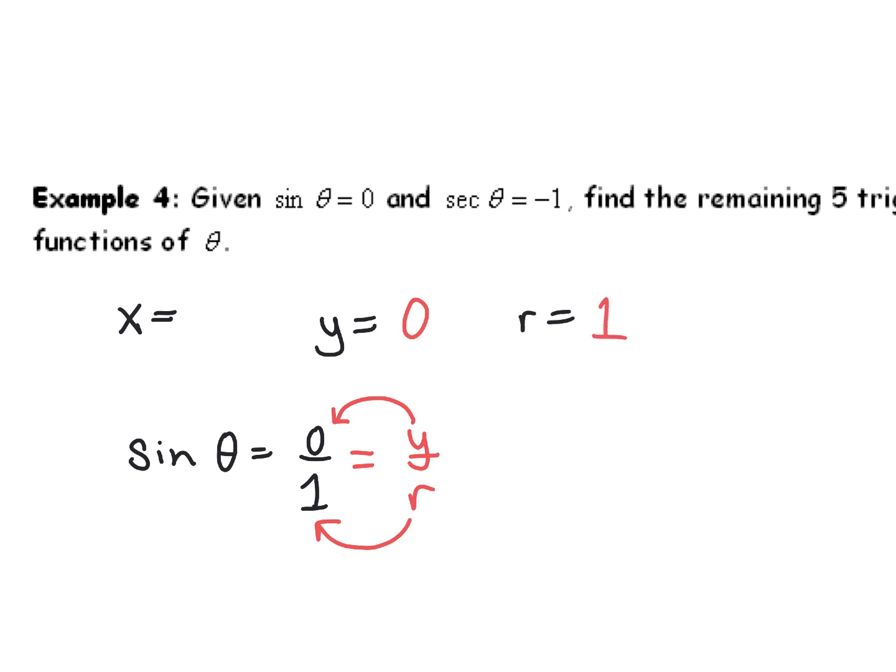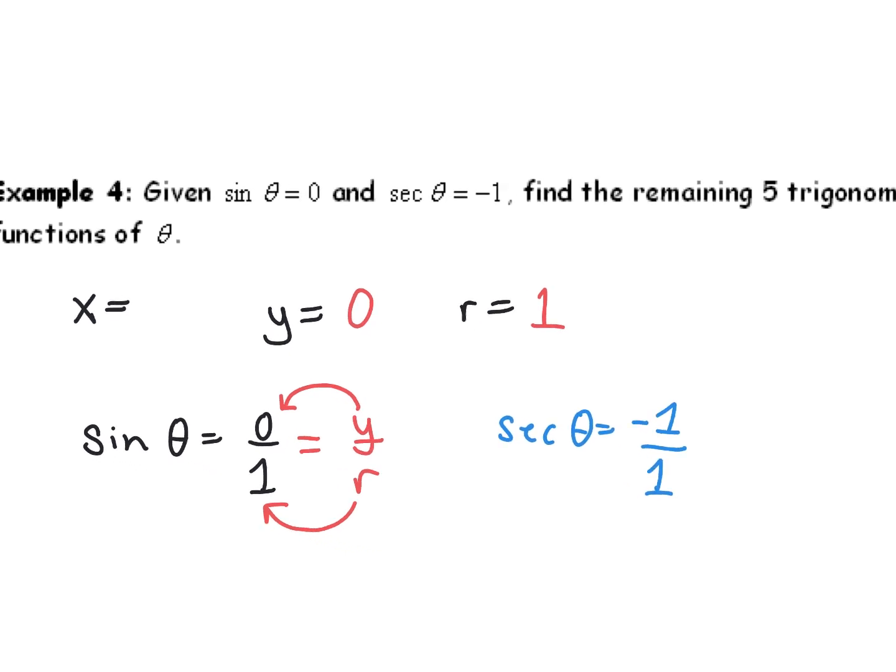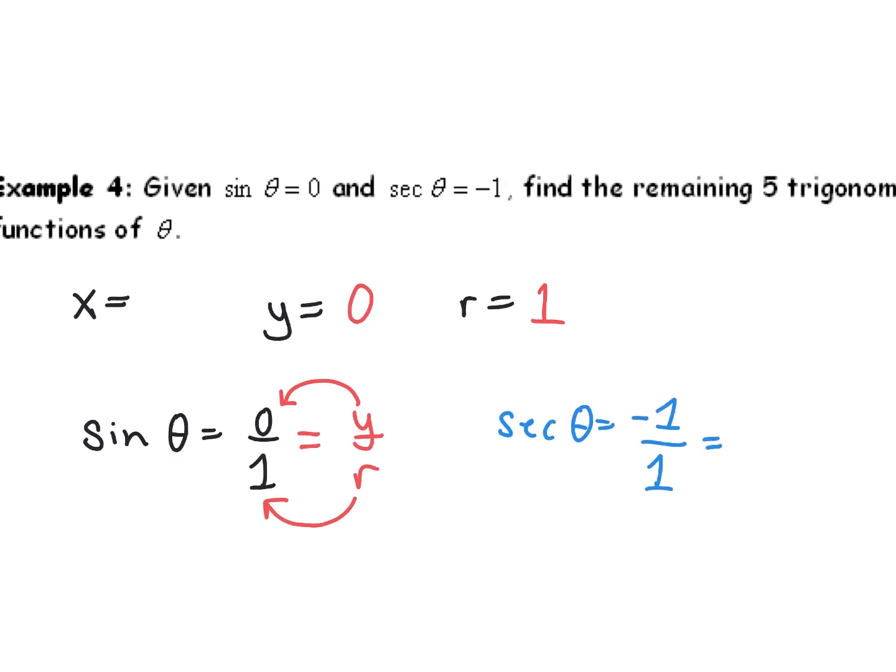Then they give me this other piece of information. They tell me that the secant of theta is, we could say, -1 over 1. And remember, secant is the reciprocal of cosine, so this is r over x. Well, if you think about it, my radius can't be negative. So I have to take that negative and move it to where x is, because the radius, I mean, again, anybody here own a time machine?